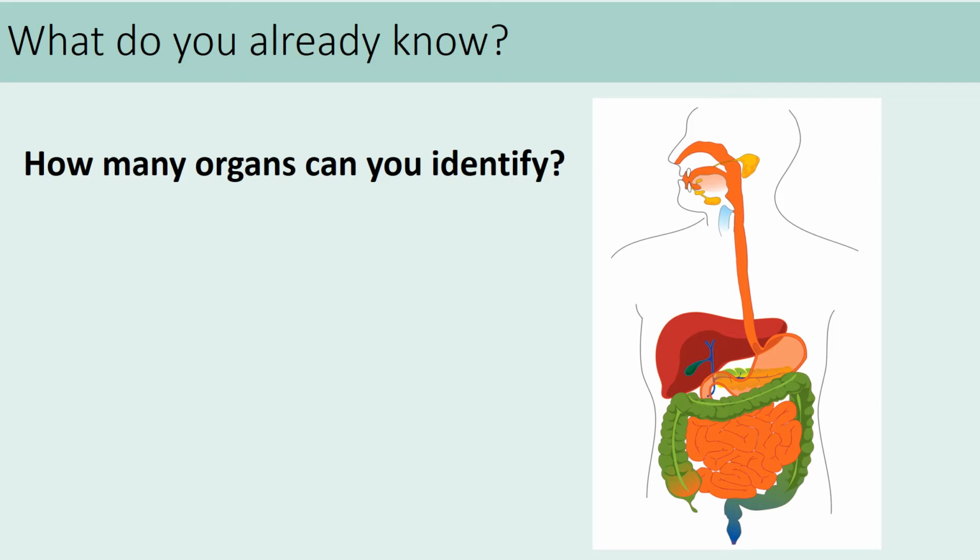That large sort of triangular shaped reddish organ is the liver. There is a blue tube coming off that. And you've got a little green structure, that is the gallbladder, we'll talk about that. Behind the stomach you can see the pancreas. The green intestine is the large intestine and the orange one is the small intestine. And then the blue at the bottom we have the rectum going into the anus.